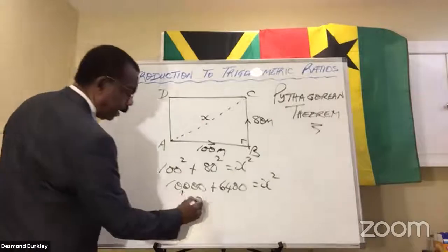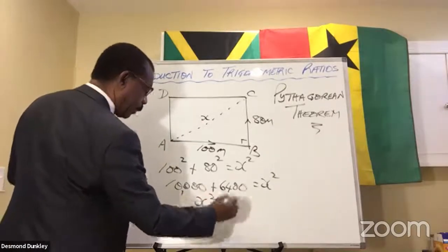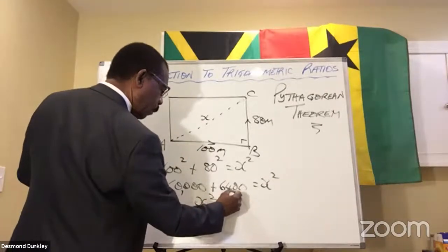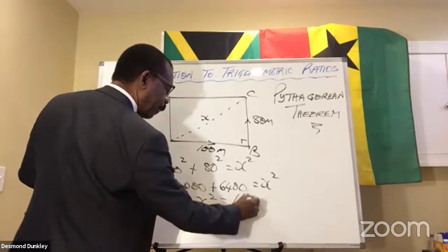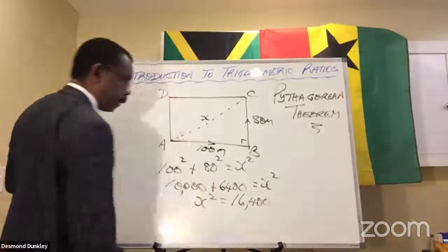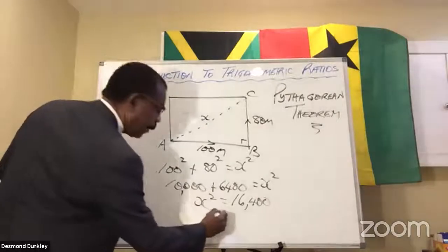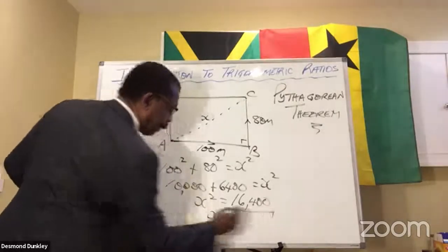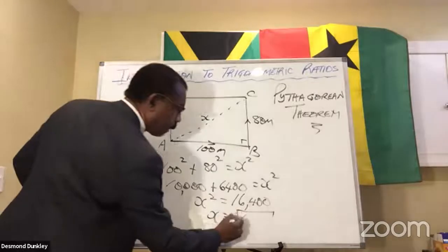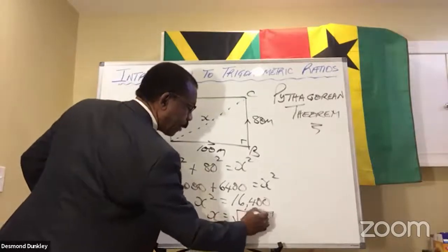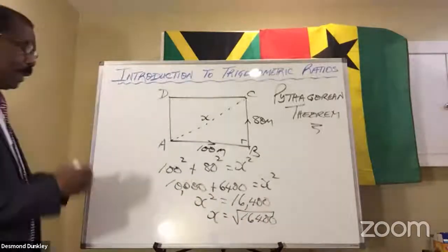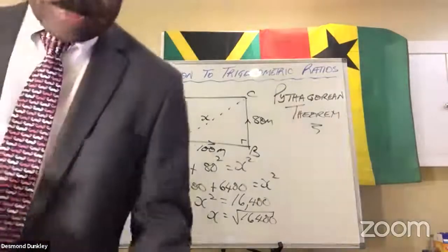And therefore we could end up with x squared equal to 16,400. And then therefore x, we know, would be equal to the square root. We have to get rid of the square by doing square root of 16,400. And we know that's coming with somewhere.